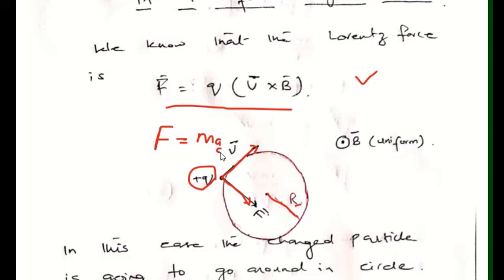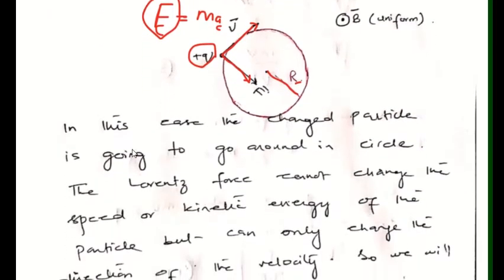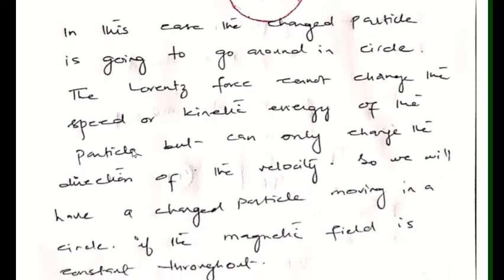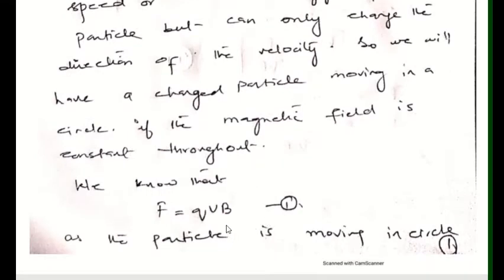That is Newton's law, and this a_c is for centripetal acceleration, which means that this force will be the centripetal force. And we know from our previous knowledge that centripetal force acts on a body to make it move in a circular path.